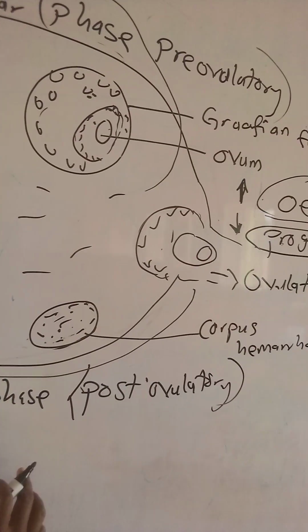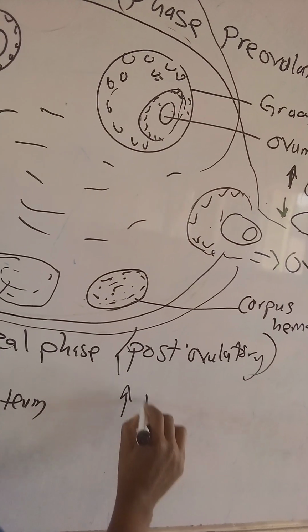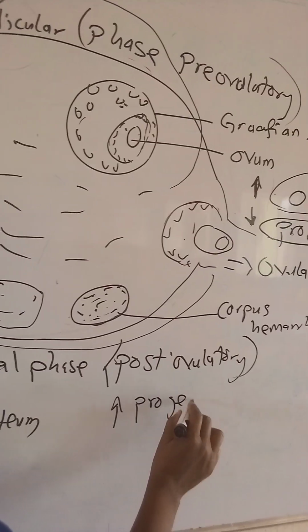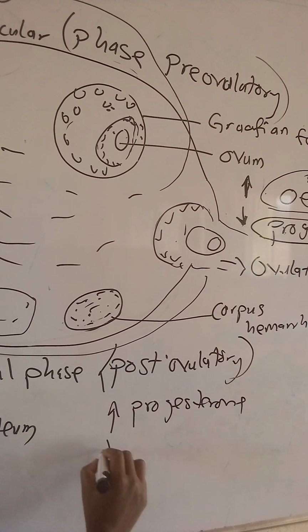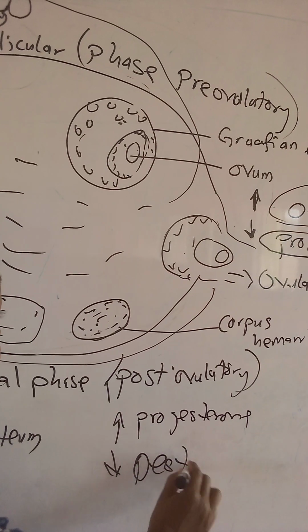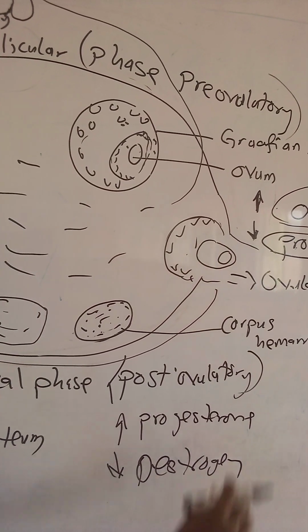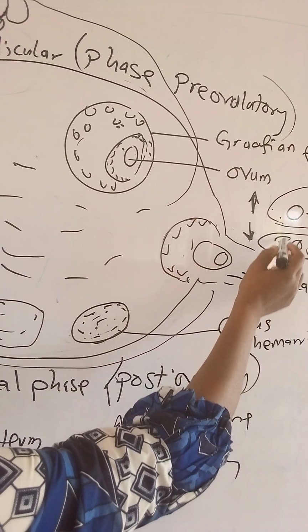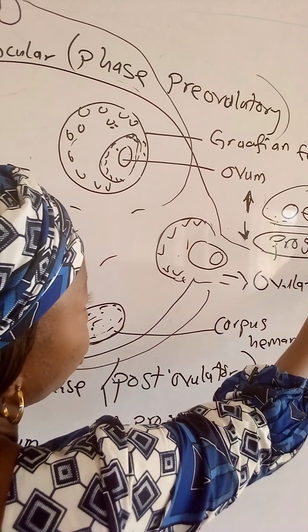While in the luteal phase, we have increased progesterone, that is a higher level of progesterone, and we have less amount of estrogen. Okay, the function of these two hormones here is to thicken the endometrium.